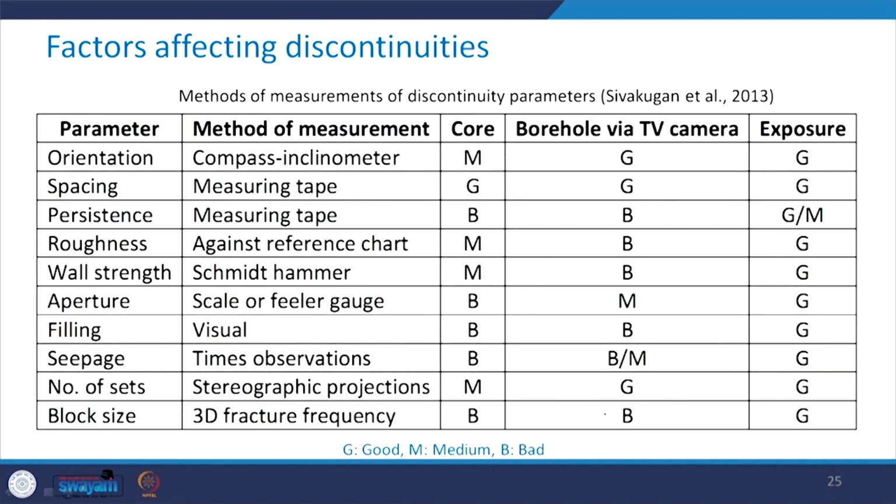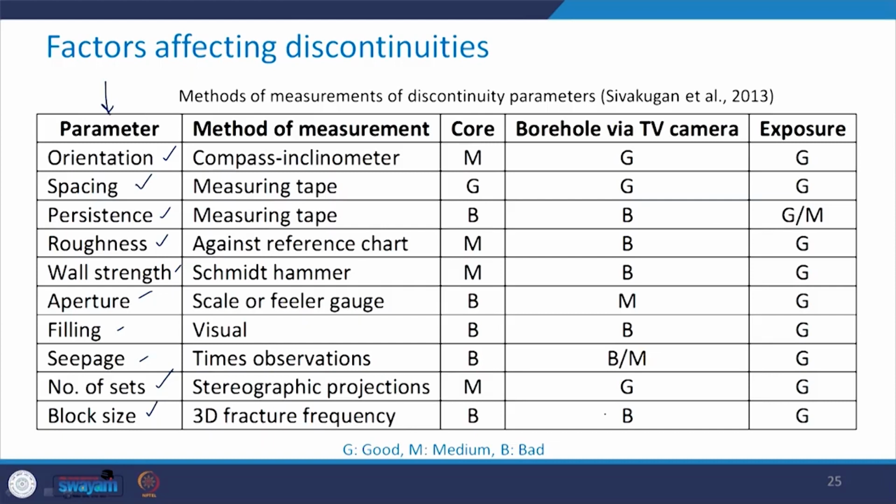Some of the methods for the measurement of various discontinuity parameters have been summarized here in this table. The first column gives you the idea about the parameters, which are orientation, spacing, persistence, roughness, wall strength, aperture, filling, seepage, number of sets and block size.